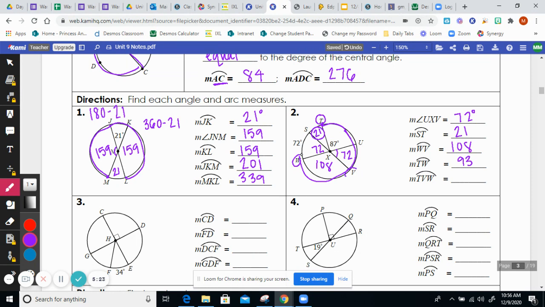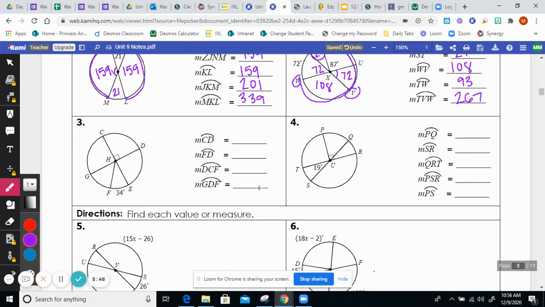But T, I have to hit V, so TVW. So since I found that TW right here, since that arc was 93, I can just do 360 minus 93, and I end up getting 267 for my answer.